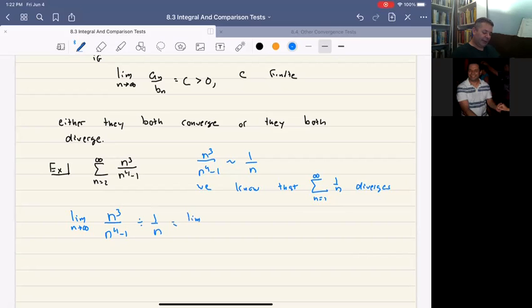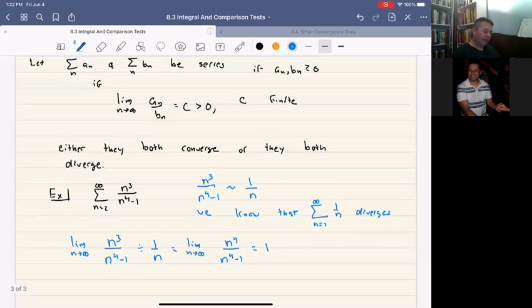That's the limit as n goes to infinity of n to the fourth over n to the fourth minus 1, and that just equals 1. So this goes towards some c that is finite but not 0. So this series diverges. We already knew that from the integral test, but it's good to see it with another test as well.